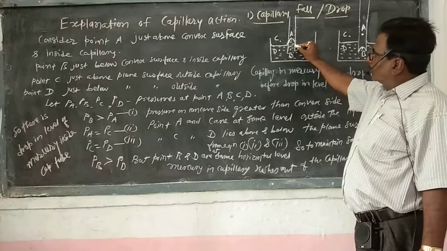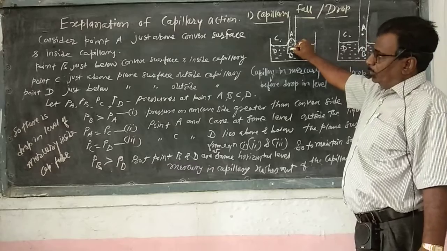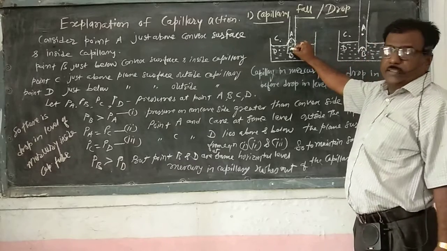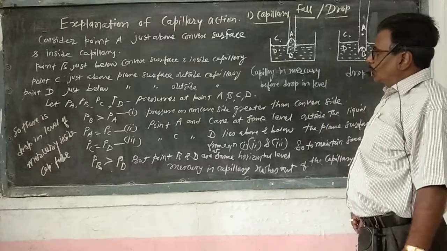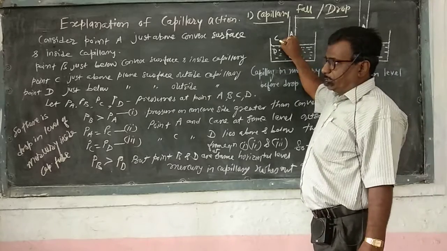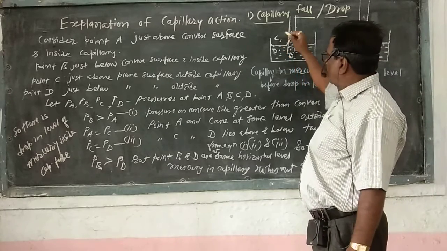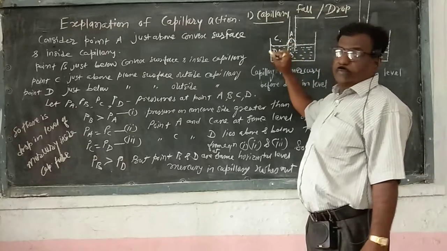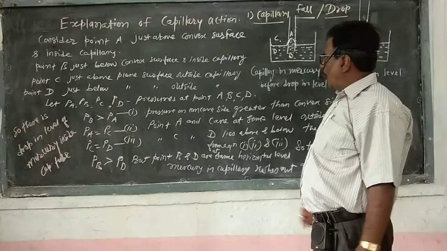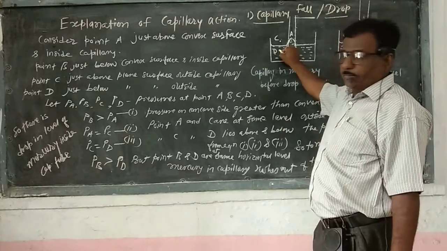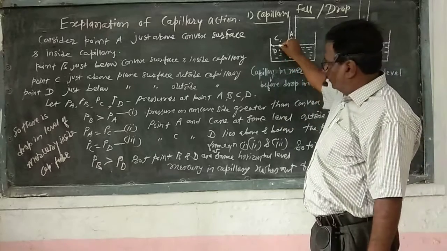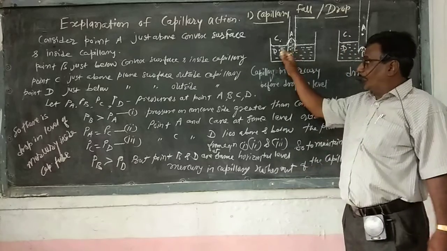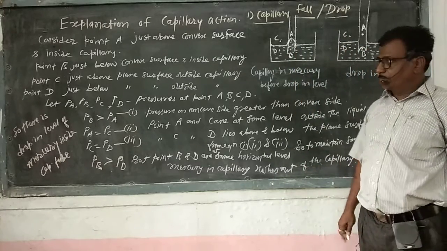Point B is just below the convex surface, inside the capillary tube. Point C is just above the plane surface, outside the capillary tube. And point D is just below the plane surface, outside the capillary tube.